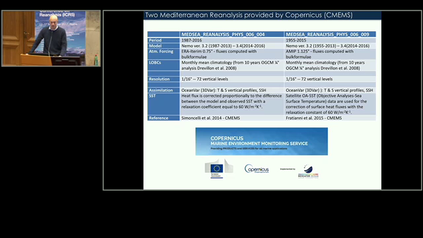These are the 2 reanalyses that we have now that are at 1/16 of degrees, so quite close to our resolution, 72 vertical levels. The only differences between these 2 reanalyses are the different surface forcing.